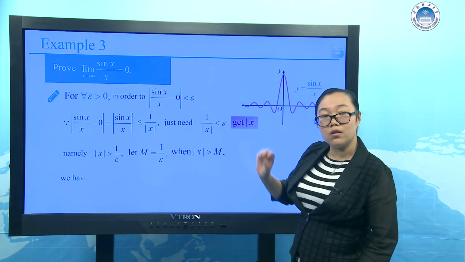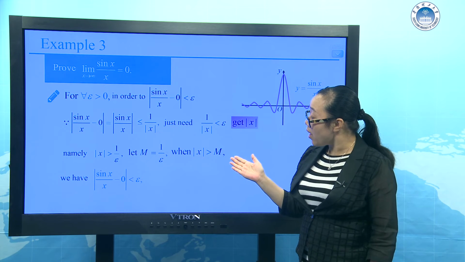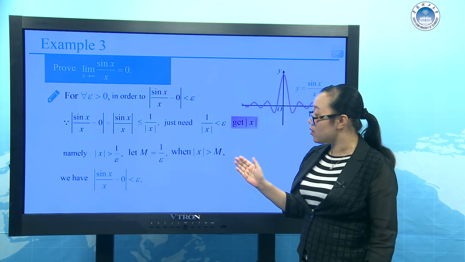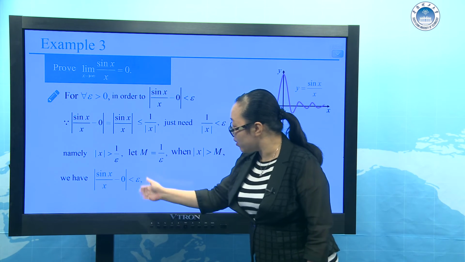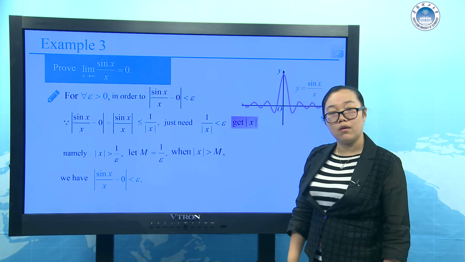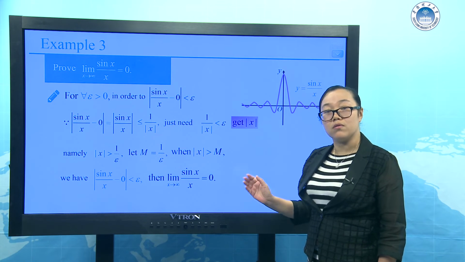Less than epsilon. So we have this idea, the absolute value of sin x over x is less than epsilon. So we have the limit equals 0.